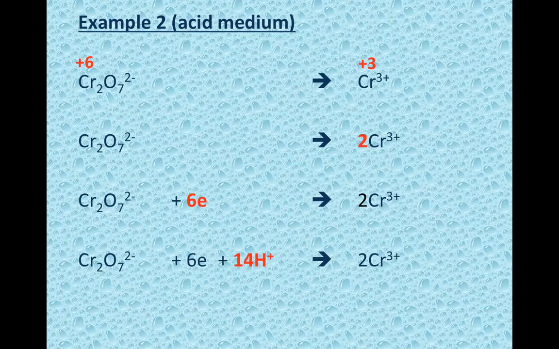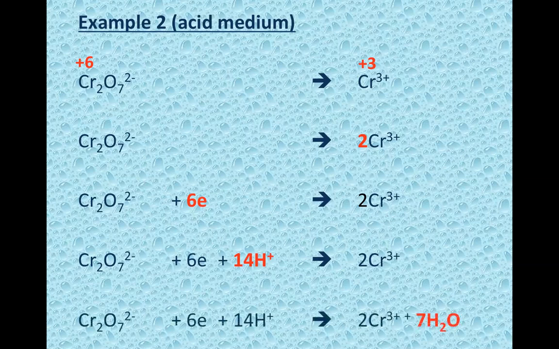This is important because this is an equation, so everything on both sides must be balanced. At the end of it you add water to balance the H atoms and the O atoms. If you look here, there are 14 H atoms and 7 O atoms.